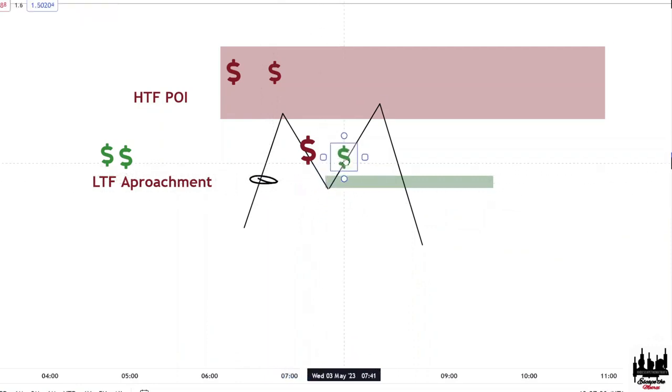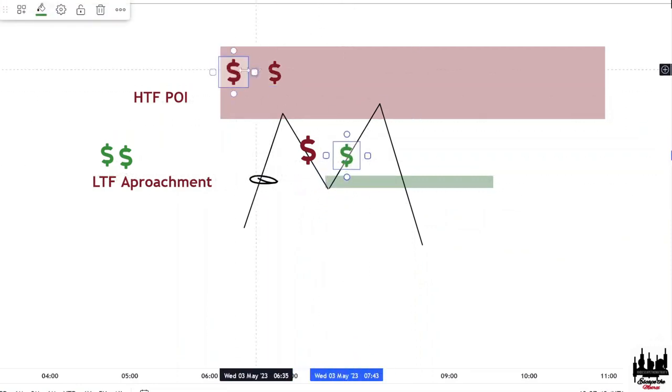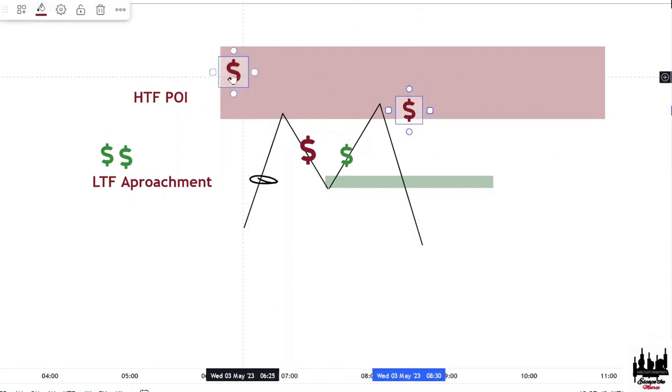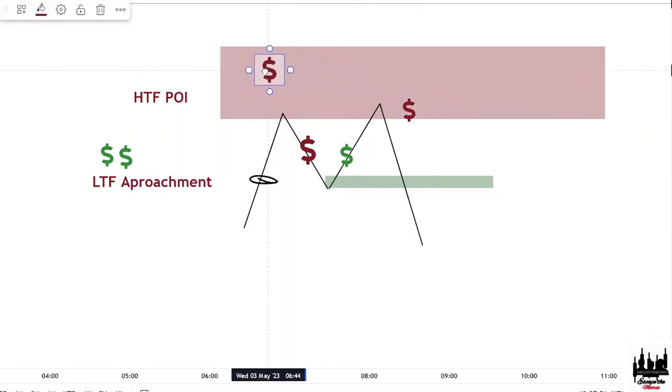As price rose up, there's still two sell orders here, right? There's two huge sell orders here, and price was used right here. We don't know if both of them were used or if one of them was used, but what we know is when price took off, a lot of buys were inserted here to push price forward.